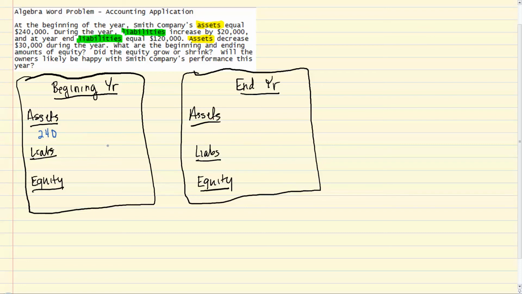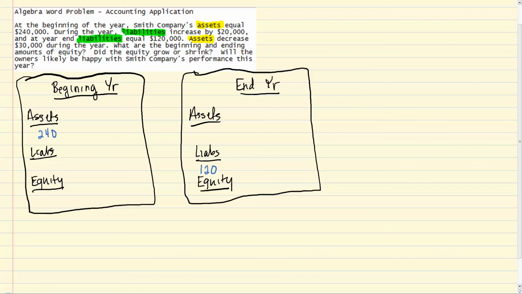During the year, the liabilities increase by 20,000, and at year end, liabilities equal 120,000. So I'm going to put 120 over here. And liabilities increase by 20 over the year.